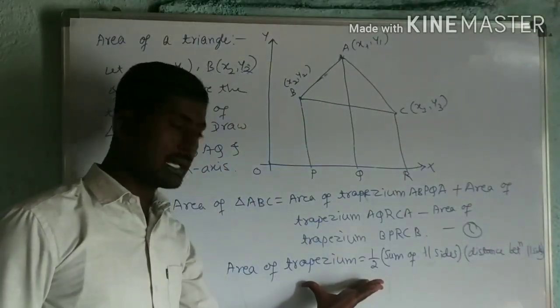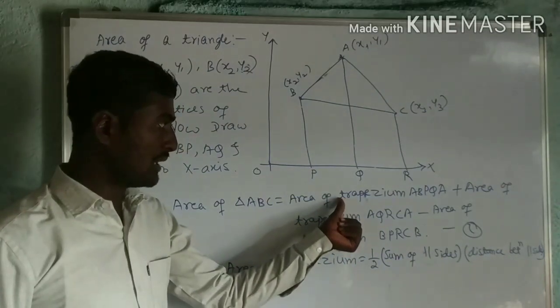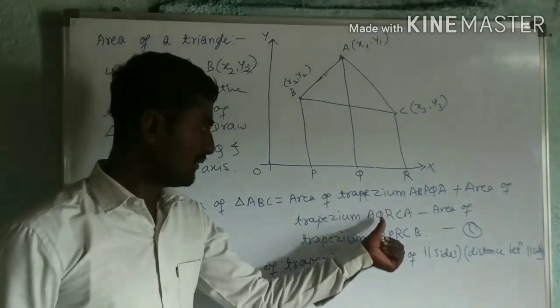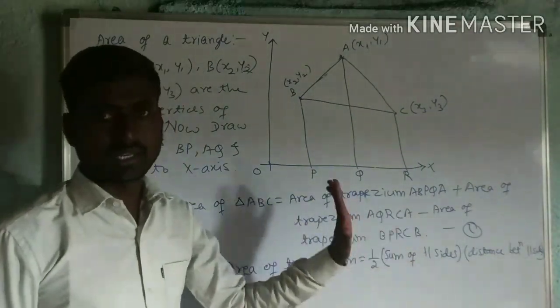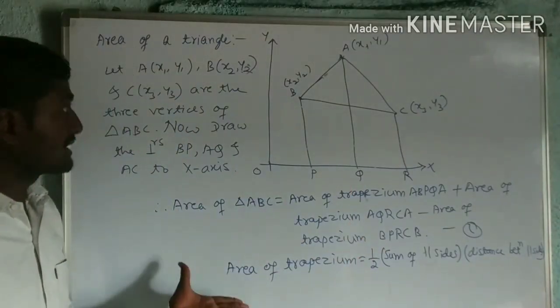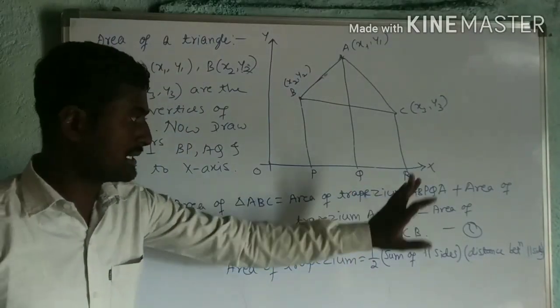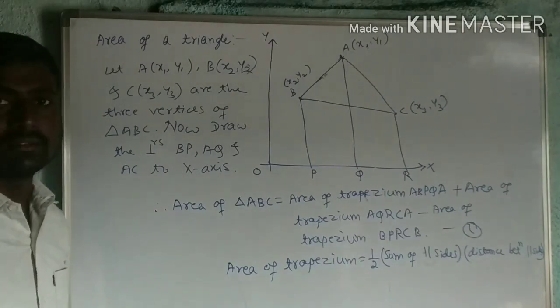We should remember this formula. By using this formula, I am going to find the areas of these trapeziums. So let us first find the area of trapezium ABPQ.